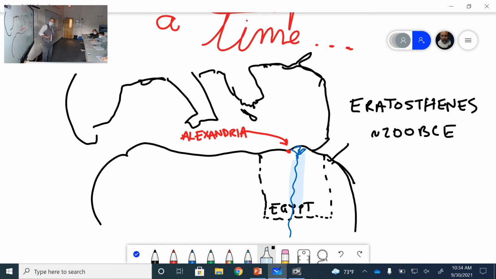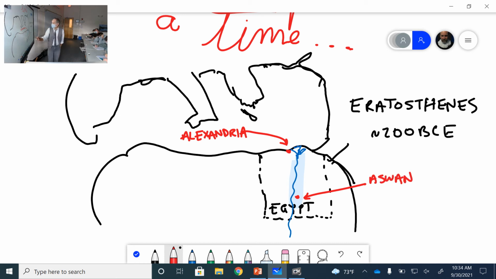So one of the records that Eratosthenes had was about this town way down here. And this town is currently known as Aswan.